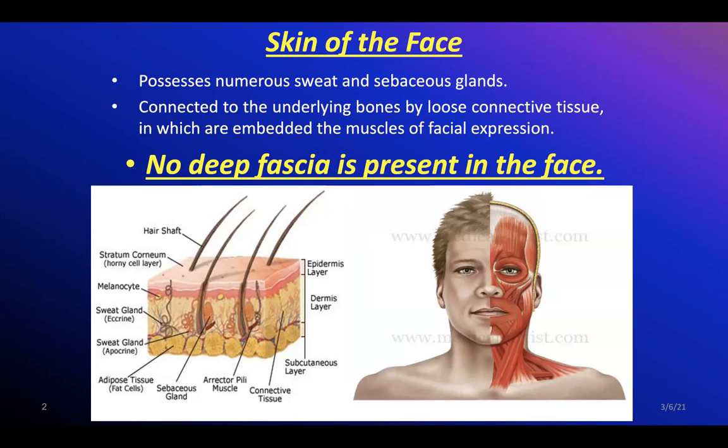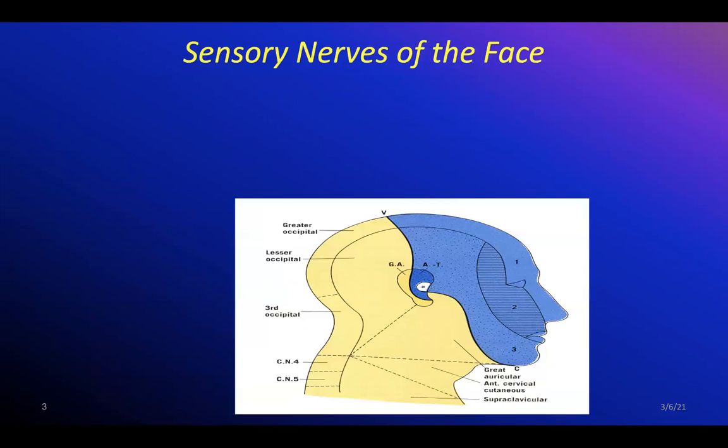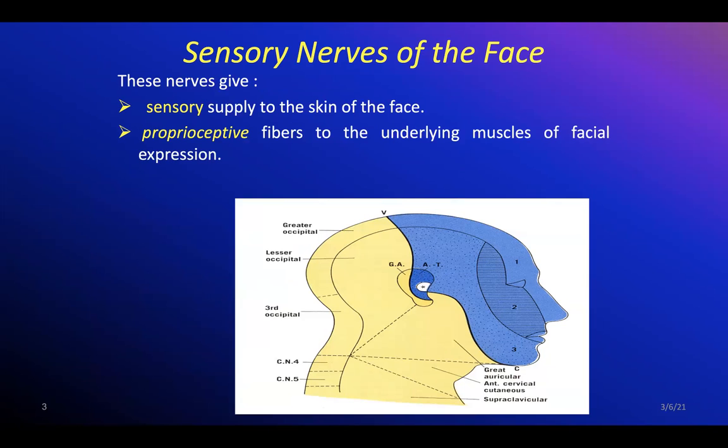هذه هي muscles of the facial expressions. The sensory nerves of the face. عندنا these nerves give sensory supply to the skin of the face. Proprioceptive. ذكرنا أكثر من مرة شنو معنى proprioception اللي هو the sense of the position أو the sense of the movement بالنسبة للspace.